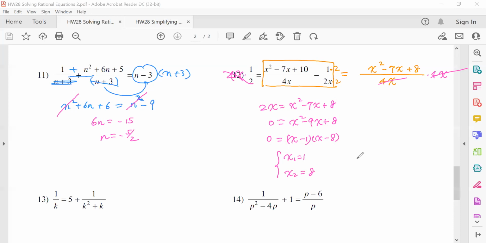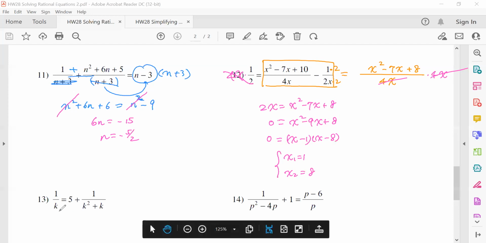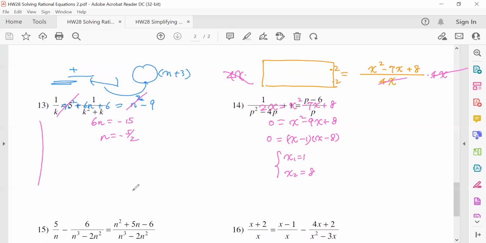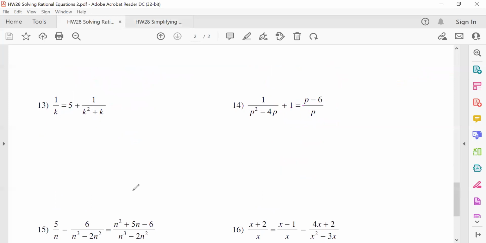All right, see number 13. Number 13 here. First, we find the least common denominator. Okay. So the least common denominator would be k. So we do some proper factoring here first.